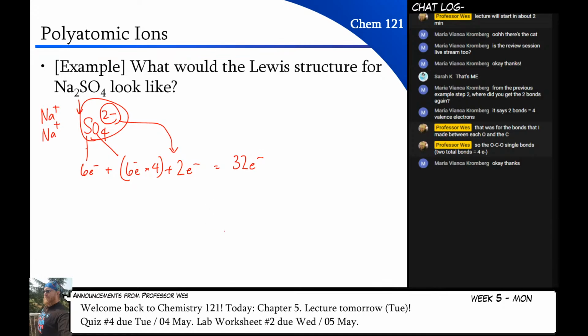And then we'll draw our blueprint. We'll connect them all together. So that would be 8.